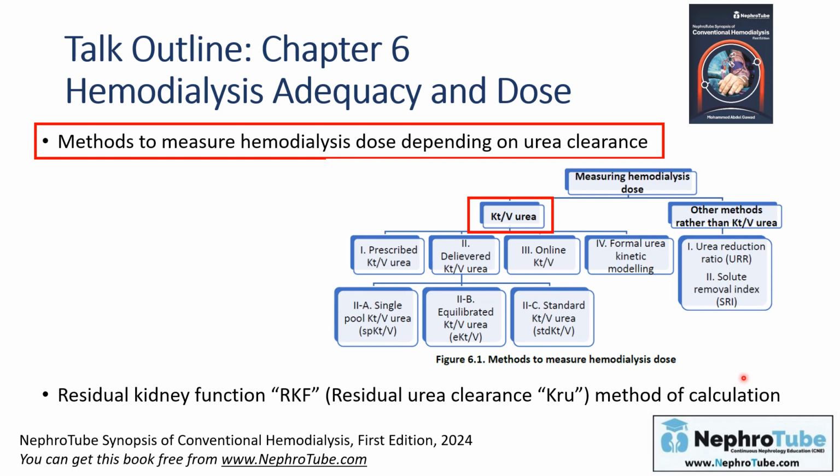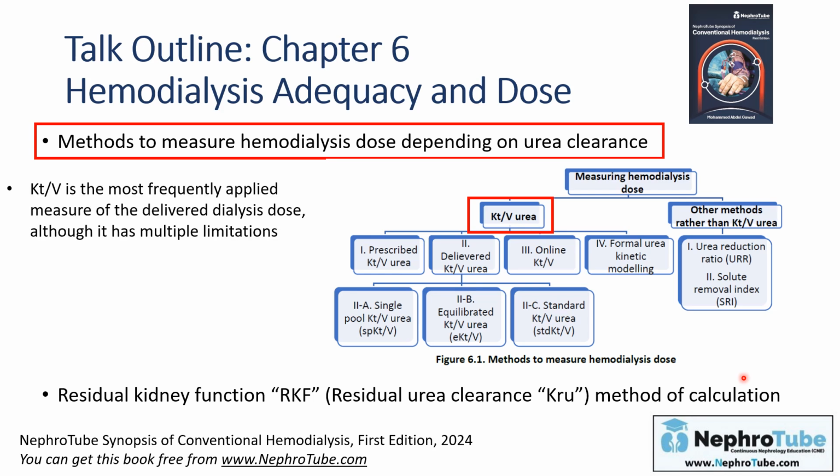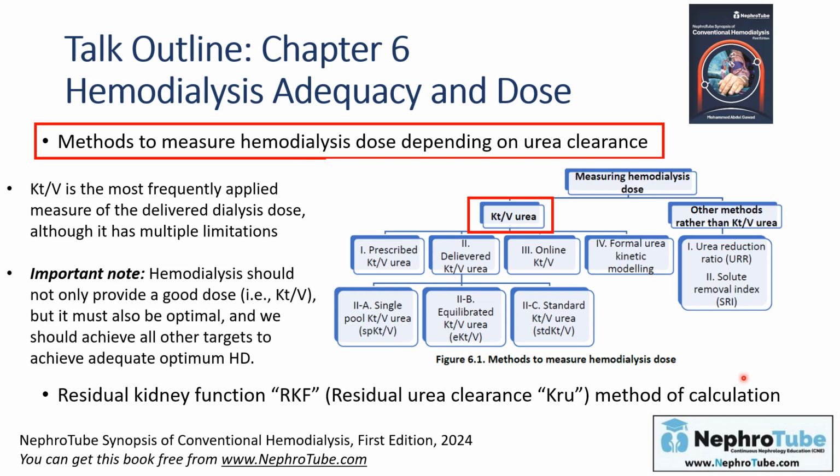Before going through the different methods of how to measure Kt/V urea, I have to mention again that Kt/V is the most frequently applied measure of hemodialysis dose, although it has a lot of limitations that I will mention later. The second point that I mentioned a lot till now is that measuring the dose of hemodialysis is not an indicator that we got an optimum hemodialysis.